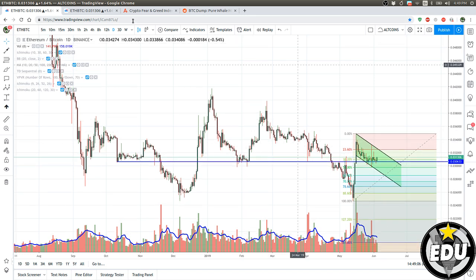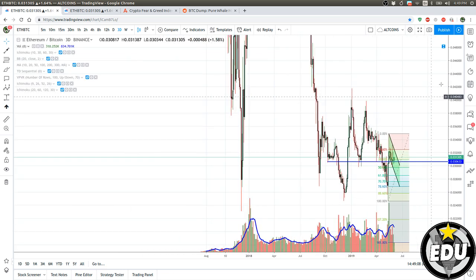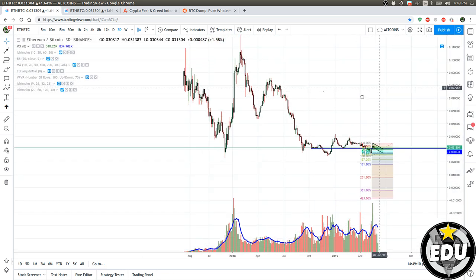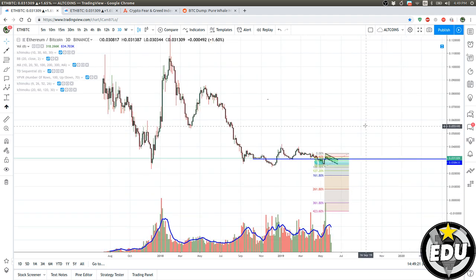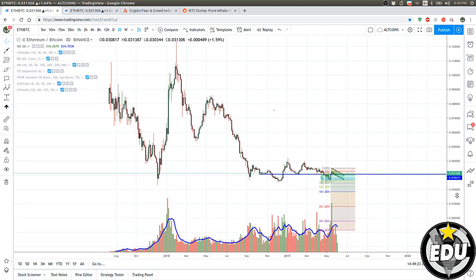Okay. In fact, if you see the overall picture, that's what all the altcoins look like. Major drop, consolidation, accumulation, very low, and they could go up. So in order to see the bull market, the altcoin season, we really need Bitcoin to stabilize, or drop maybe slower while altcoins go up.